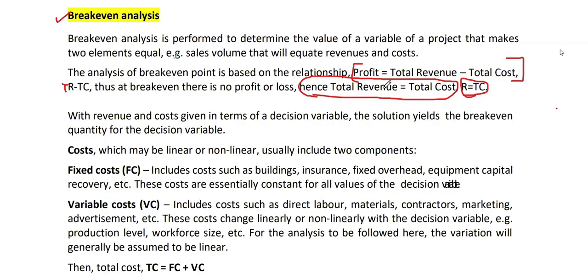What would this 50 bottles of beer mean? Well, it would mean that if the company produces and sells 50 bottles of beer, the total revenue will equate with its total cost at 50 bottles of beer. That's the break-even point.